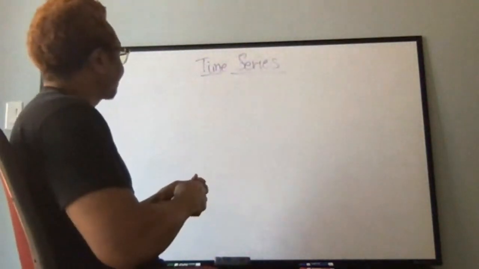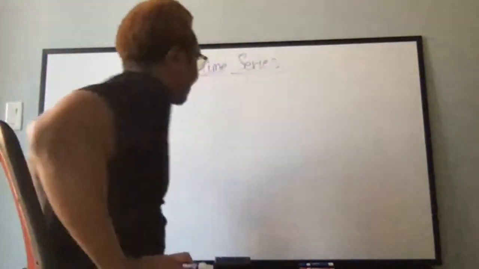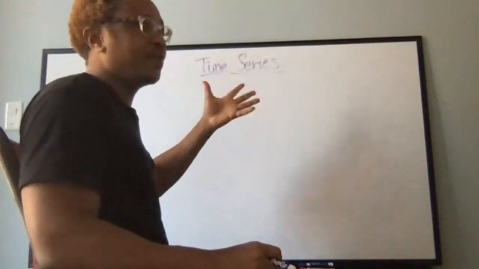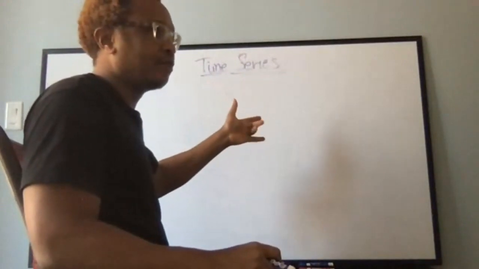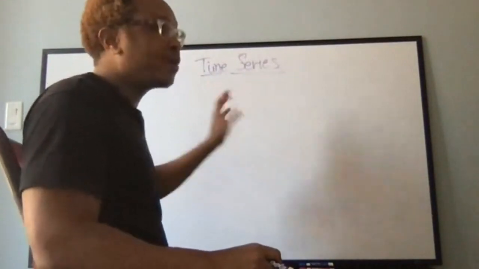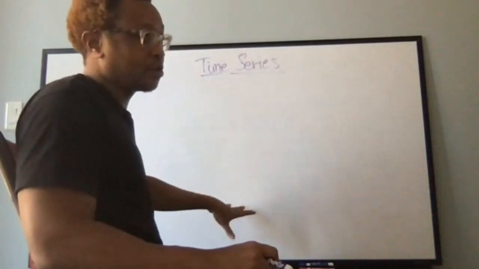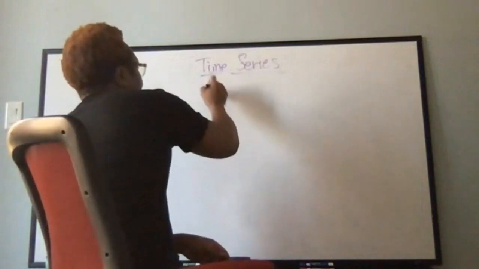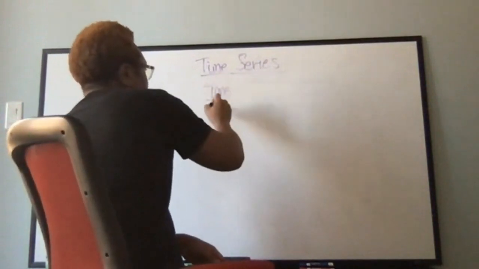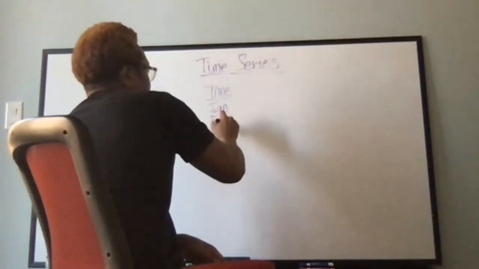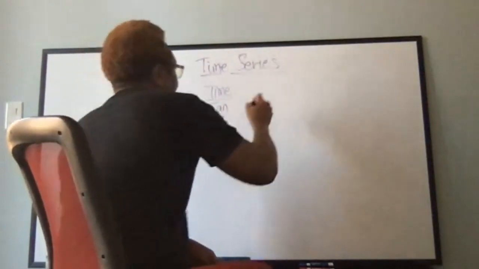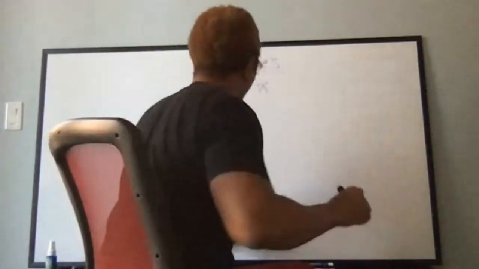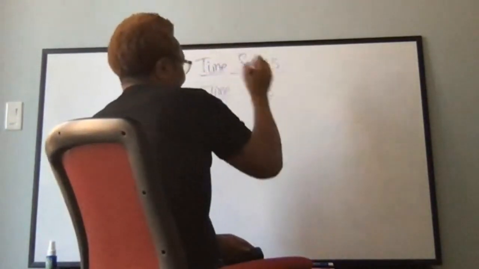Time series. Now, let's see how this is different than what we talked about before. You remember we had the situation where we end up with a regression equation. Well, we're going to end up with one here eventually as well, so we'll see what the difference is. In a time series, you have a time category here, January, February, March, and then you have the Y here, whatever the Y is.